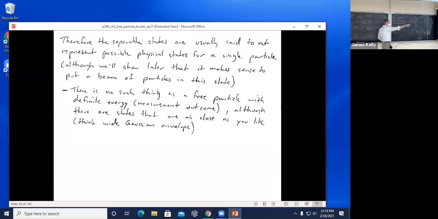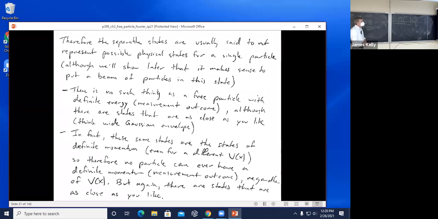Remember, when we have a function that's spiraling around in the complex sense, a complex exponential function, we can make the area under psi star psi go to something finite by putting a very wide Gaussian curve over it. We take a curve that hardly changes at all, and then as you get way out, it finally pinches down to 0. The area under psi star psi is perfectly finite, and we can make the curve as wide as we want, so we can get closer and closer to this state. We just can't produce a state with exactly a definite energy or a definite momentum, but we can get as close as we want.